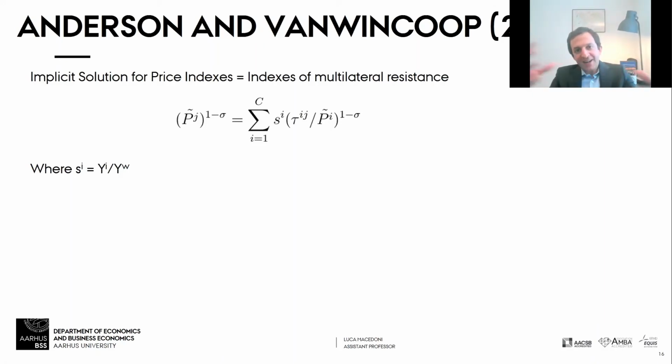It's capturing the direct effects of iceberg trade cost and country size on the price indices, but within it, it also has these general equilibrium objects whereby country size and iceberg trade cost determine your price index, which in turn determines how much your goods are imported from all over the world.